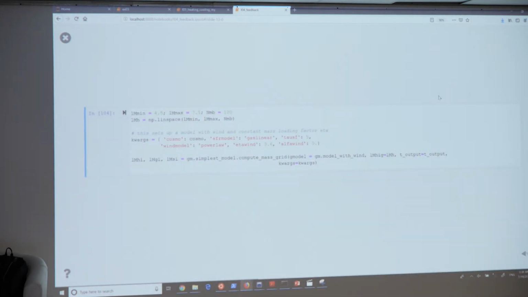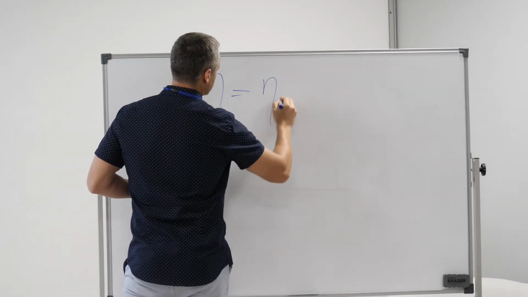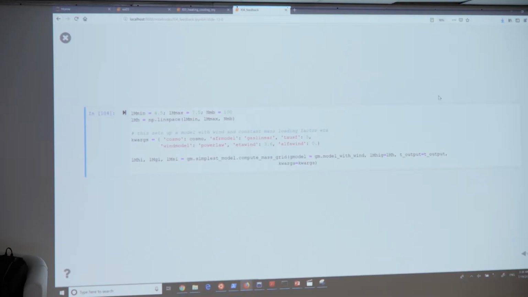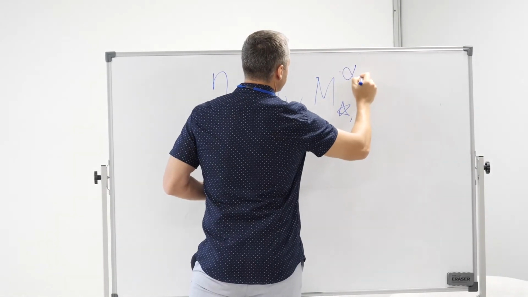You'll see this later, but just so that you understand what the parameters are. This model assumes that eta is equal to some constant, eta wind, times the stellar mass in units of 10 to the 10 solar masses, to the power of alpha wind.